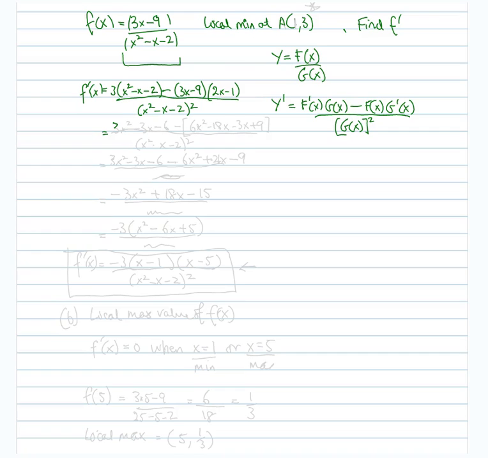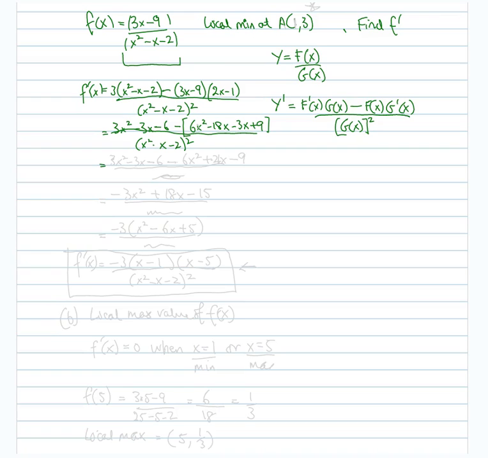So we've got 3x² − 3x − 6, subtract, what do we got here, 6x² − 18x − 3x + 9. Okay, that's all over (x² − x − 2) squared.